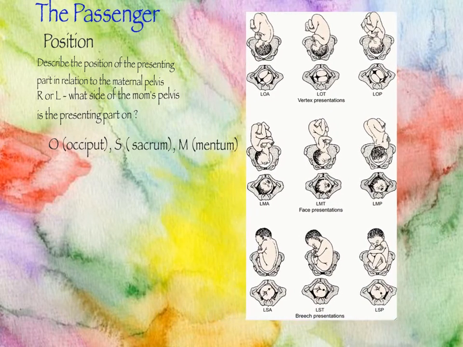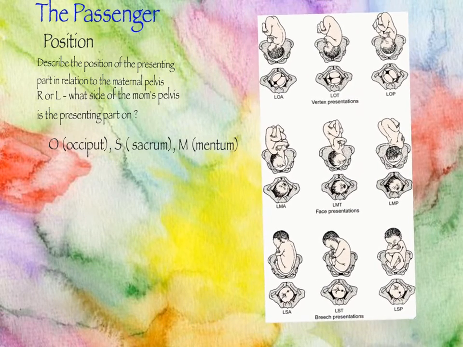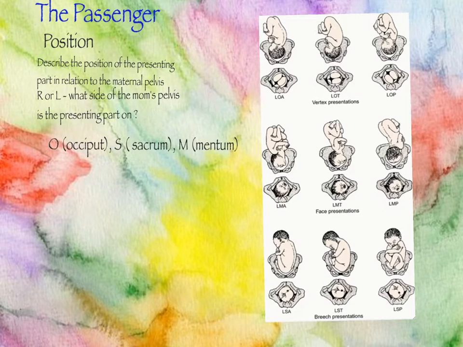Okay, so all of these babies are on the left, but they have different presenting parts. This baby up here, what a good boy he is. Assume it's a boy, could be a girl. But this baby is coming down occiput first. We like occiput first. We've already mentioned when we talked about lie and attitude and presentation, that's the best way for baby to come down.